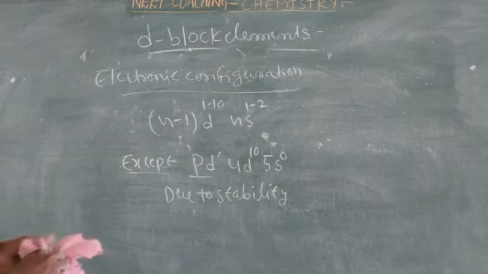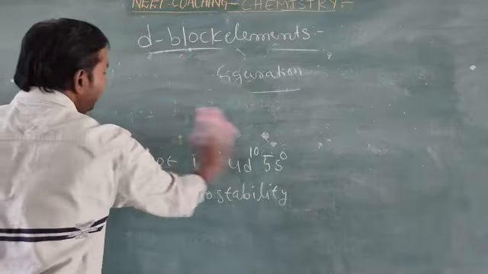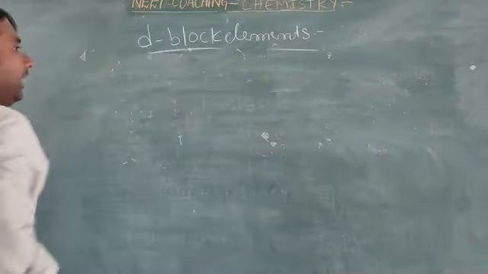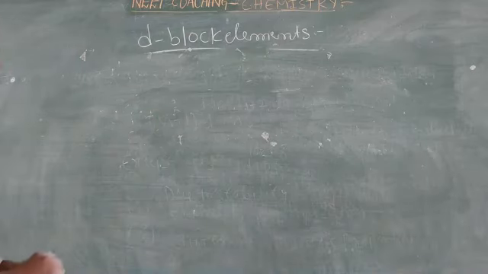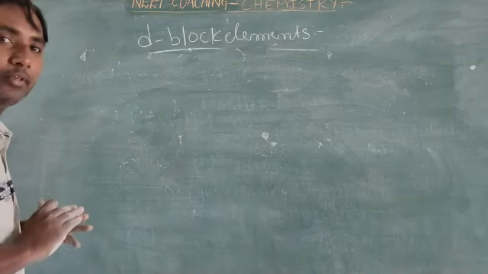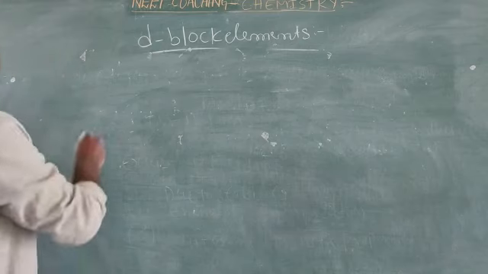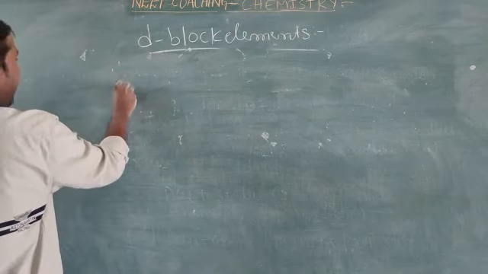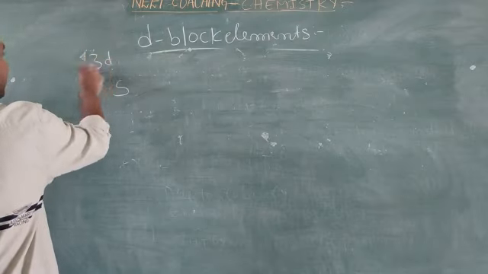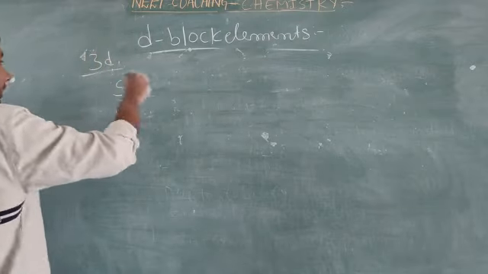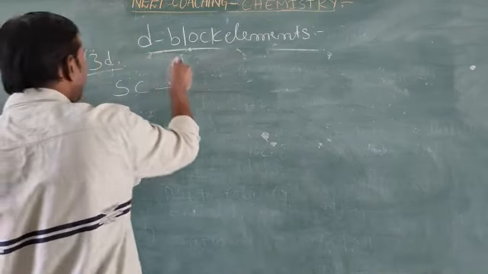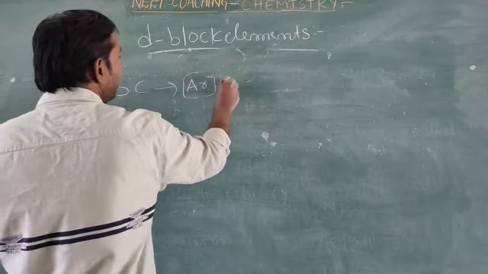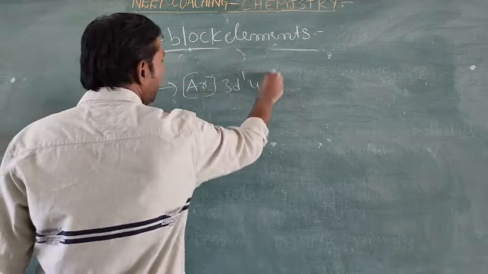Now the 3d series, we have to discuss electronic configuration values. Very important. In your syllabus, only the 3d series is given. 3d series electronic configuration: Scandium, argon 3d1 4s2.